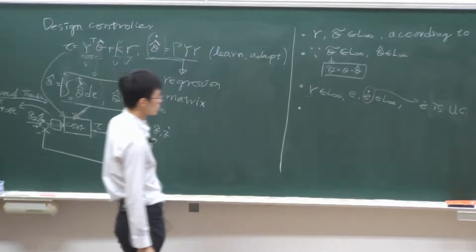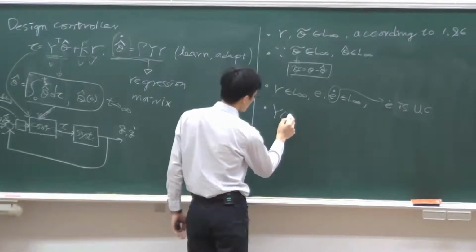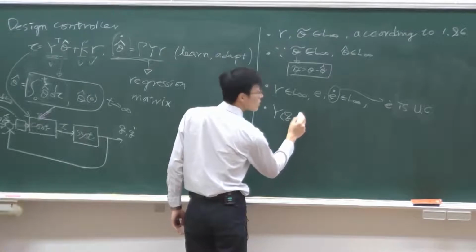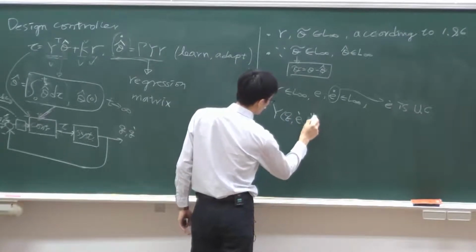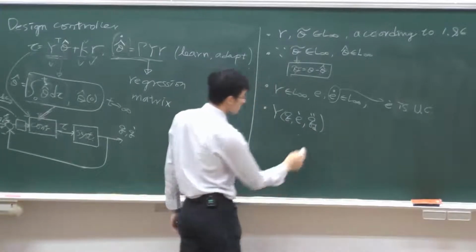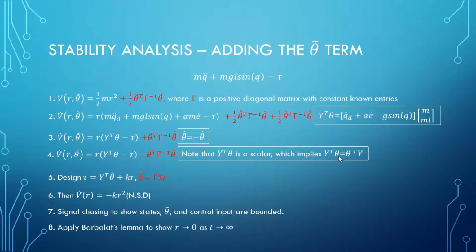This term is a function of q, e dot, and q d double dot, because based on the definition of the regression matrix, it has q d double dot, e dot, and q.